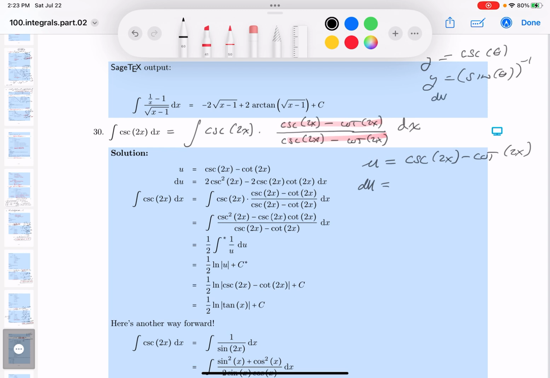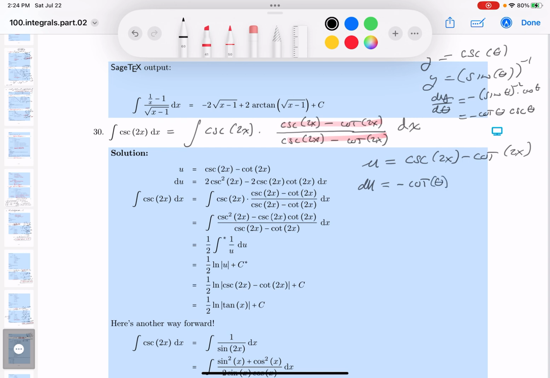And so dy d theta is going to be minus sine theta to the minus 2 times cosine theta. So you have to get a negative thing: minus cosine over sine, that's cotangent, and then 1 over sine, which is cosecant. So minus the cotangent of theta.